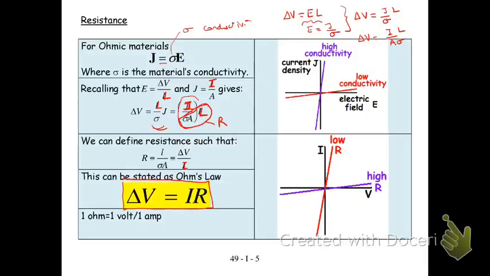So I put my V on the x-axis, and so I say I is equal to 1 over R times delta V. And so the slope is 1 over R. So watch out for that. It's a little quirk. You don't think about it and then it's backwards. It's just the way we tend to plot the independent variable horizontally, and most often the independent variable is the voltage that you apply, not the current that passes.